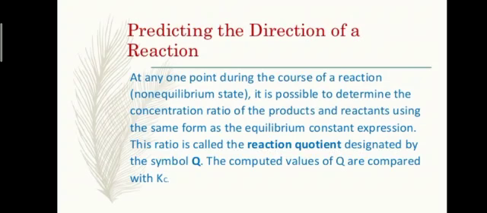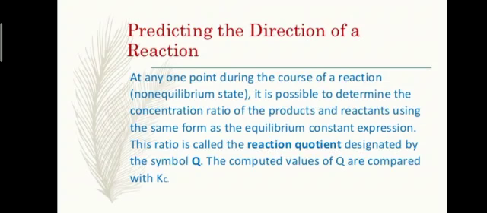First, when the ratio of concentration of product to the concentration of reactant is less than Kc. Now you have to compare Kc with this ratio. When the product by reactant ratio is less than Kc, the system is not at equilibrium and more products are required to reach equilibrium.